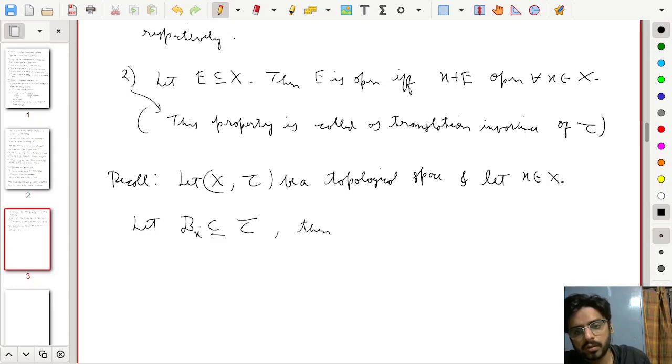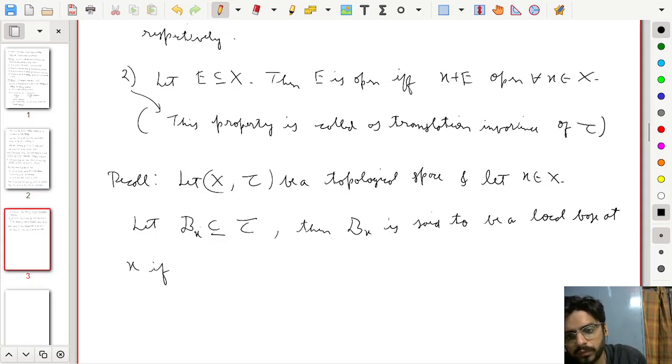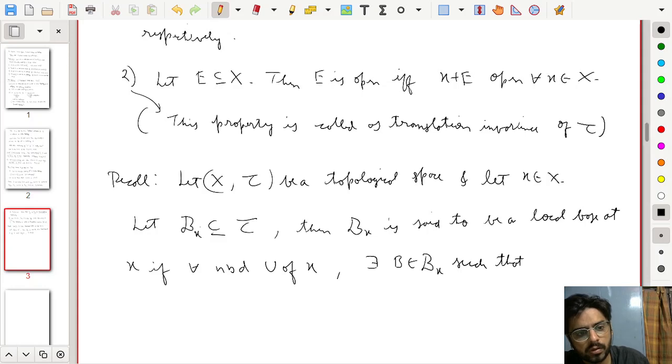Then B sub x is said to be a local base at x if for every neighborhood U of x there exists some element B in B sub x such that B is contained in U.